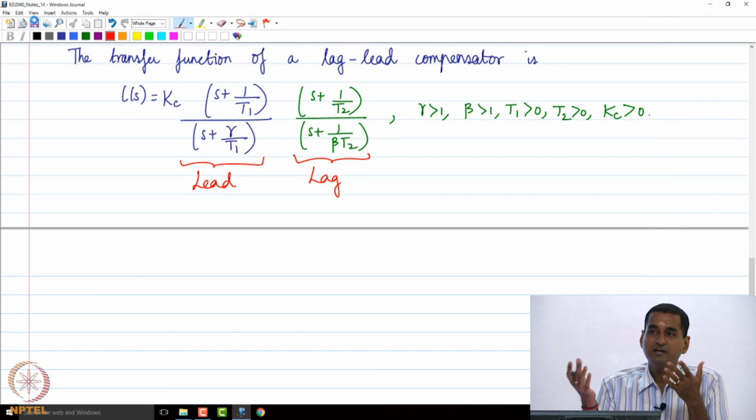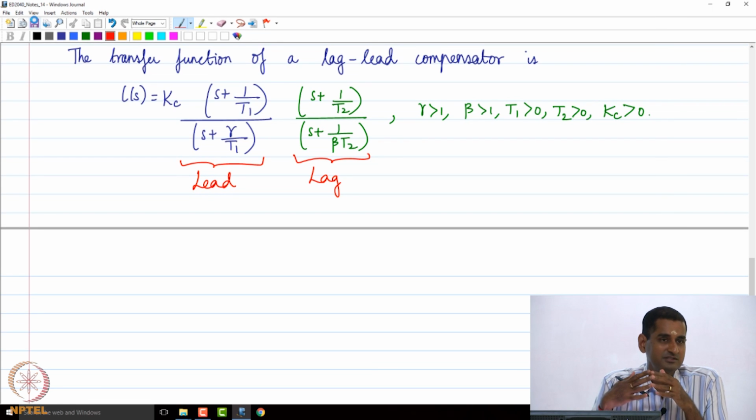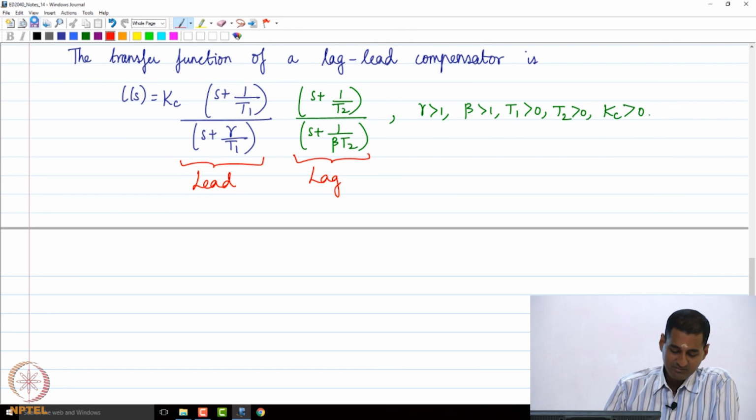Of course, you can immediately see that the complexity of the controller increases, because you now have 2 open loop zeros and 2 open loop poles being introduced by the controller transfer function. So, the design becomes more and more complex. But then it combines the advantages. So, sometimes people may use it.